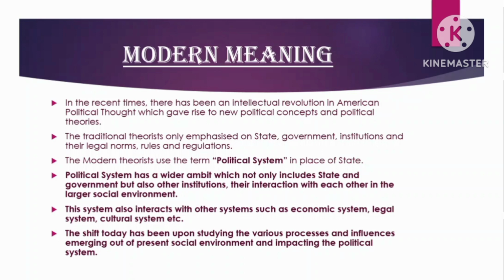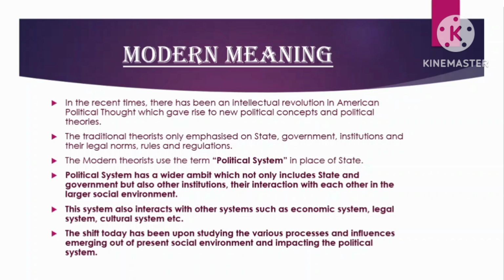That is what we are going to discuss. In the traditional view of political science, the emphasis was on state, government, institutions, and their legal norms, basically the legal aspect of the state and the government.